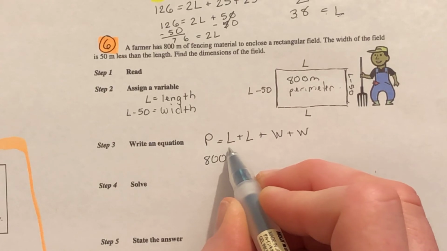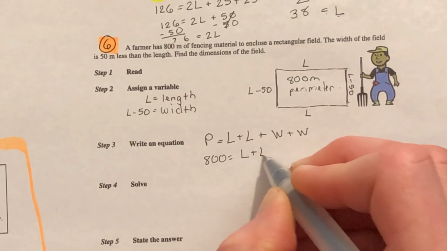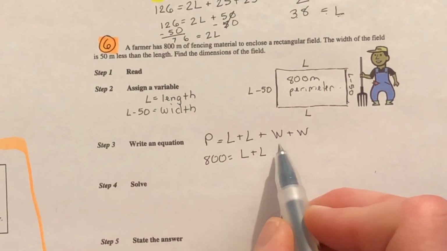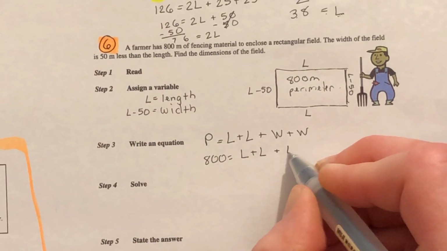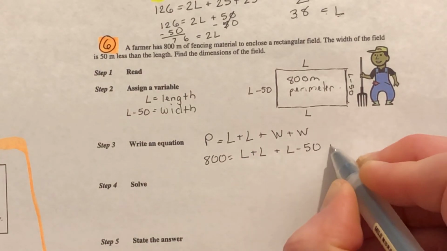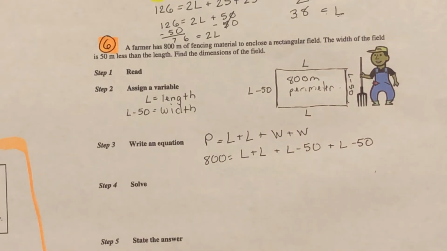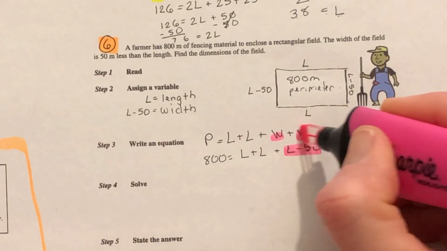Length is L, so we have L plus L. Width is not W. Width is length minus 50. So plus length minus 50 plus length minus 50.